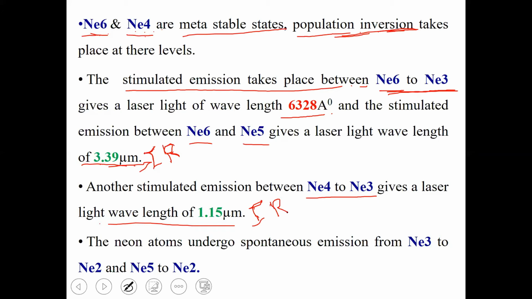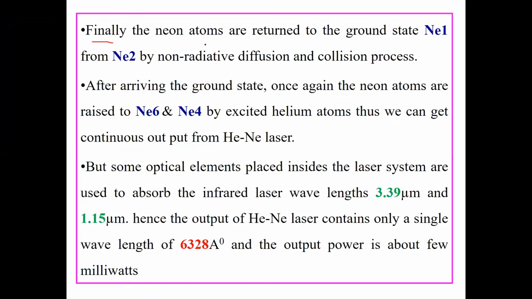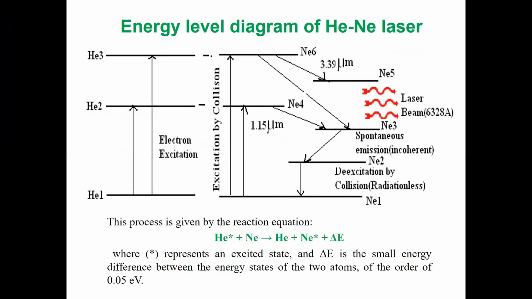After that, there are the transitions from the Ne3 state to Ne2 and Ne1. Finally, neon atoms return to the ground state with a non-radiative diffusion and collision process. The Ne6 to Ne3 transition gives visible laser light, approximately 6,328 angstroms.